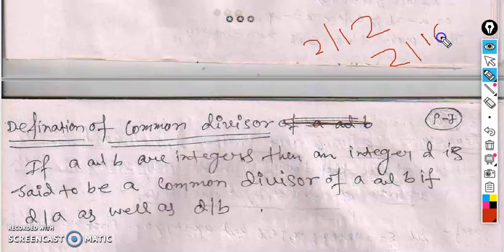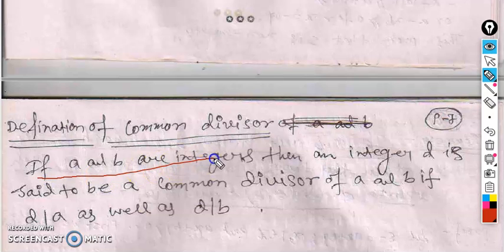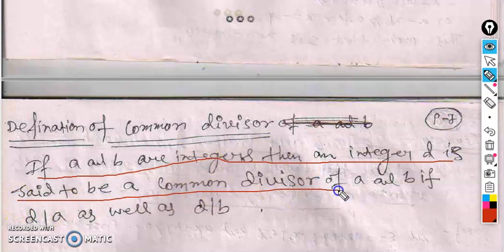So 2 is a common divisor of 12 and 16. Here we use the definition of common divisor: if a and b are integers, then an integer d is said to be a common divisor of a and b if d is a divisor of a as well as d is a divisor of b.